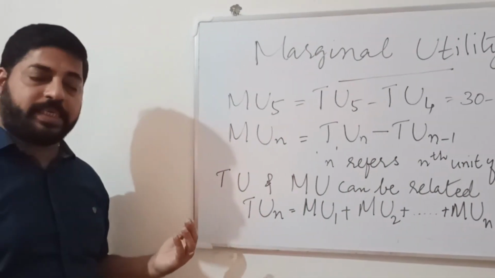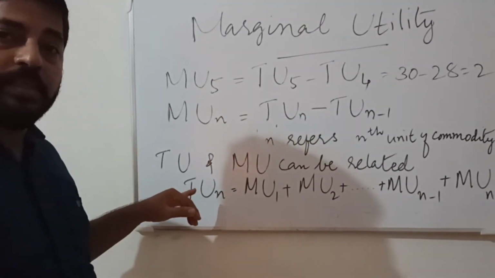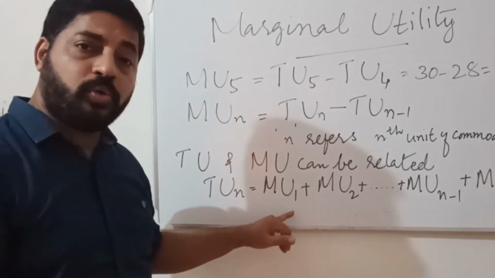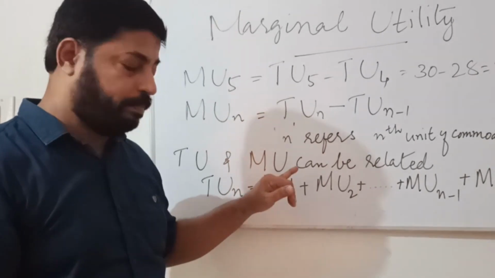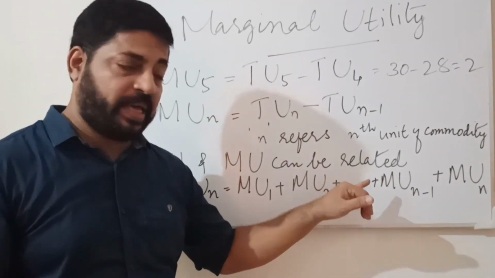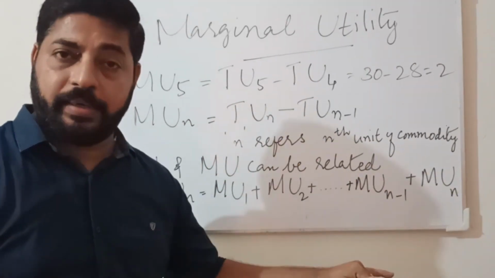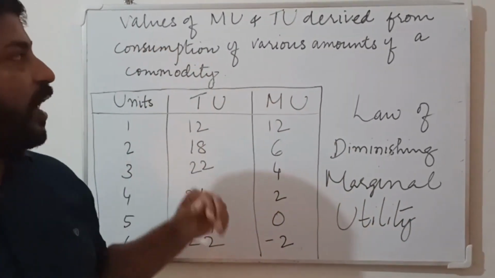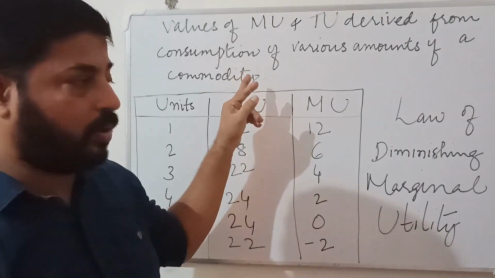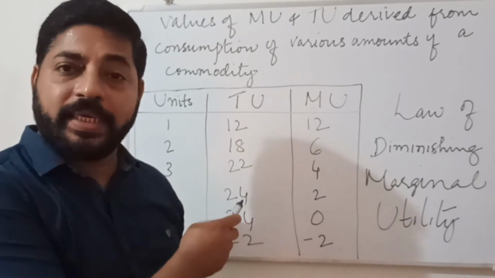So total utility and marginal utility can be related in the following way. TUN, total utility N, is equal to MU1, that is marginal utility 1, plus MU2, marginal utility 2, plus dash dash dash plus marginal utility N minus 1 plus marginal utility N. Now, values of marginal utility and total utility derived from consumption of various amounts of a commodity can be explained through a table.